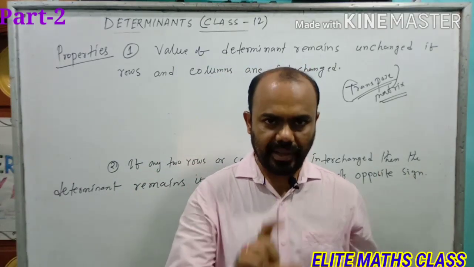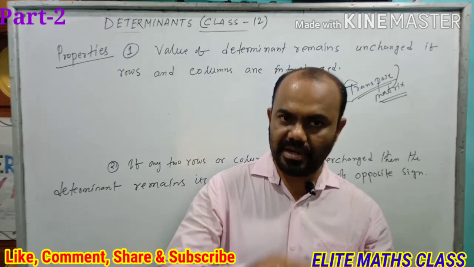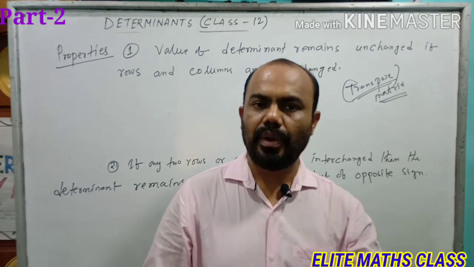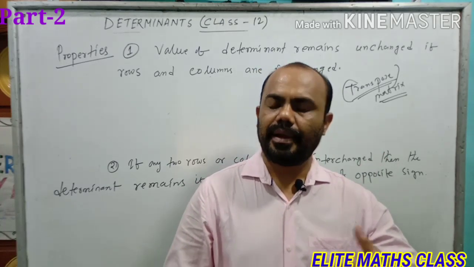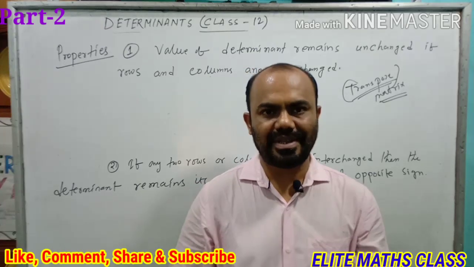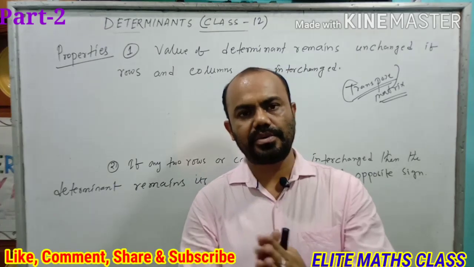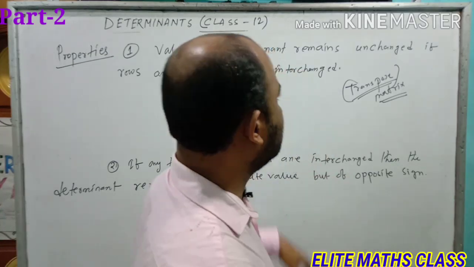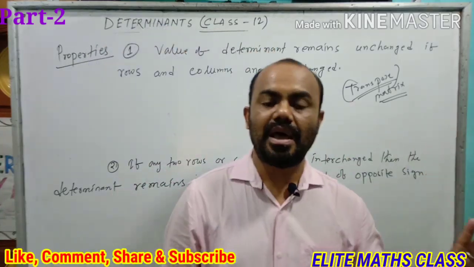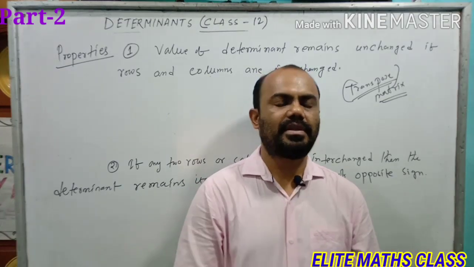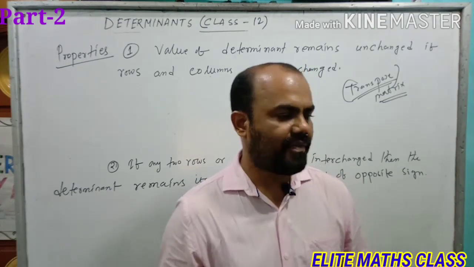So whenever the elements of the columns are written according to the rows, that is, you write all the rows as columns, automatically all the columns will change to rows. In that case the value of the determinant is unaltered. Clear? Whenever rows and columns are interchanged, the value of the determinant is unaffected.